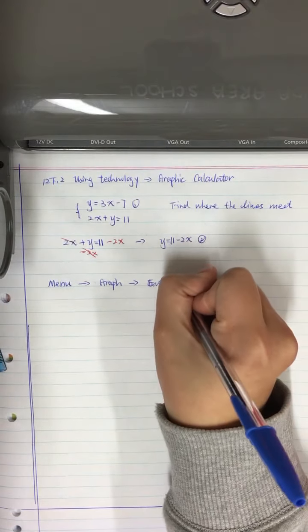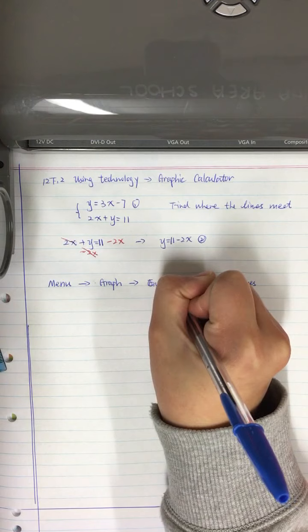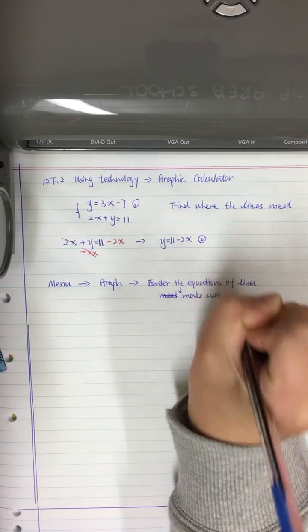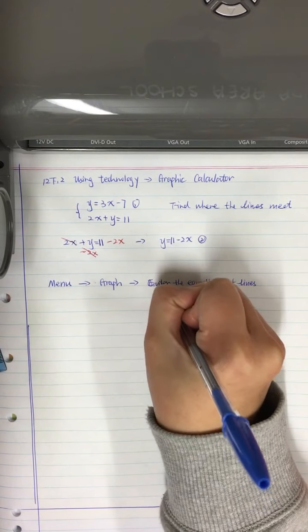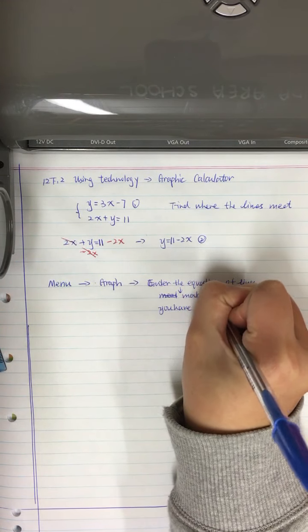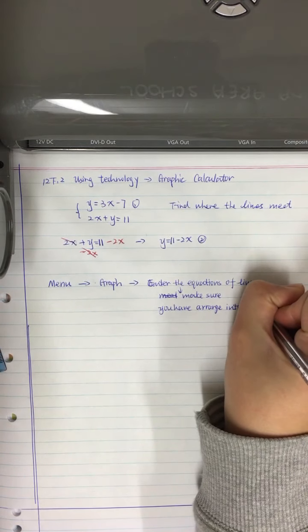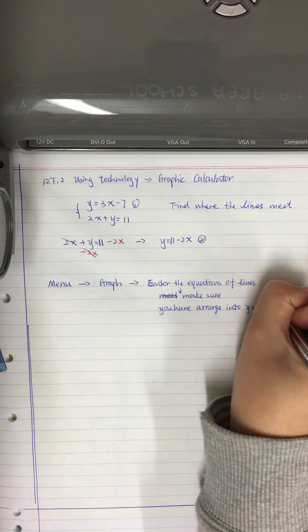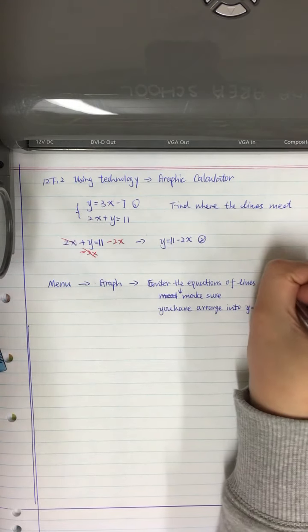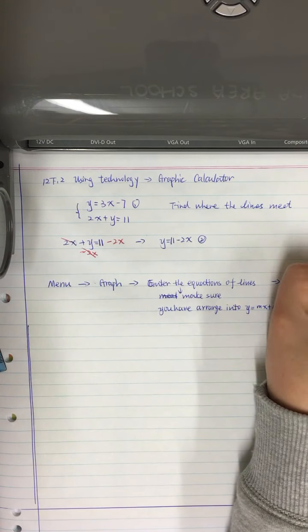Make sure you have arranged them into y equals mx plus c, or y equals something. Once you finish, you press F6, draw. F6 is draw.